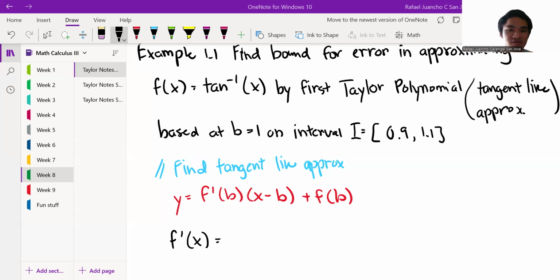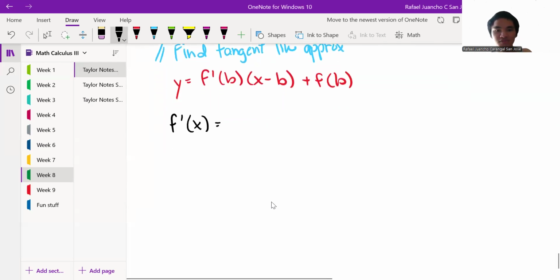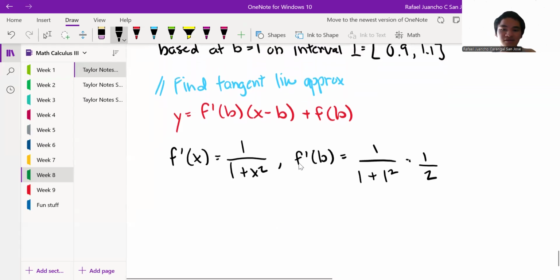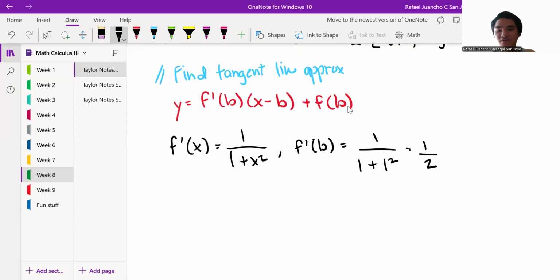What is the derivative of an inverse tangent? Oh, it's 1 over 1 plus x squared. Cool. It's actually this thing. And so that means my f prime of b is 1 over 1 plus 1 squared, which is a half, right? My b is 1.